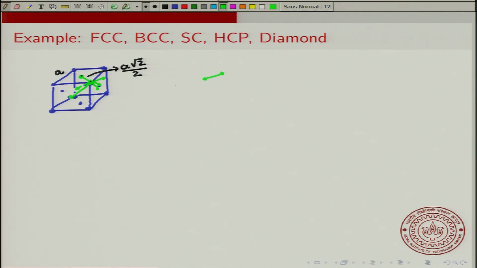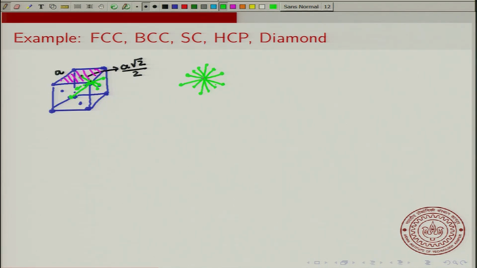So in one plane, the central atom has 4 nearest neighbors, but there would also be 4 nearest neighbors in a perpendicular plane like this, and then a third plane where there would be 4 atoms, in the plane of the screen.